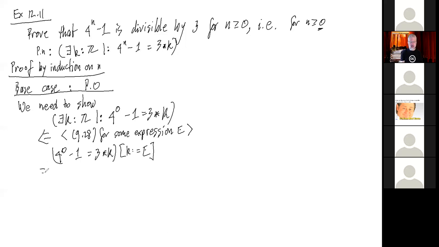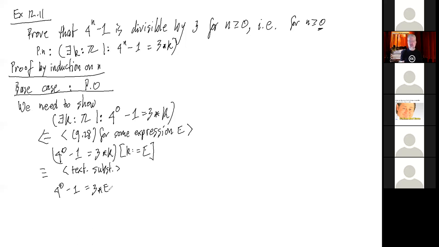And then I can use textual substitution to stick E in for K, and I get 4 to the 0 minus 1 equals 3 times E. And now, to finish this, I just need to show that E really exists, that there is an E that makes this work.